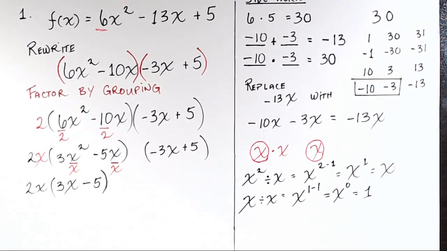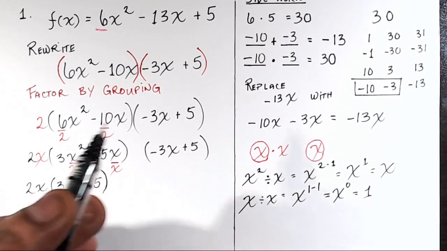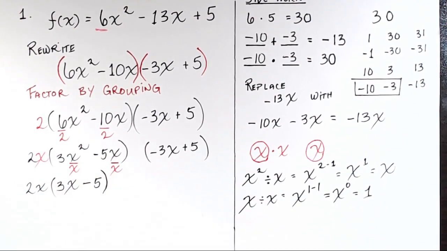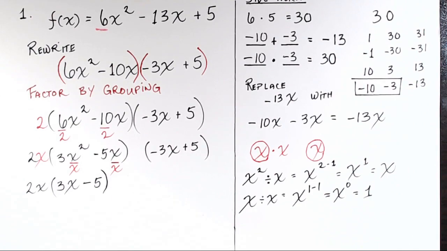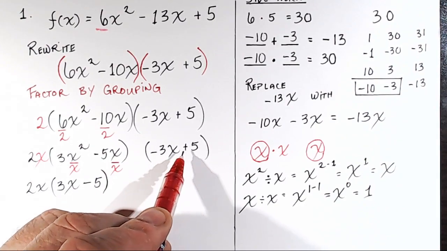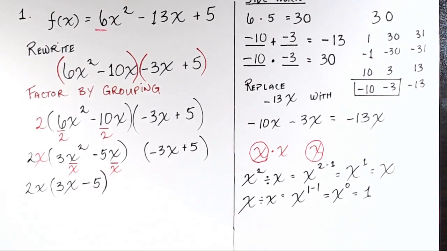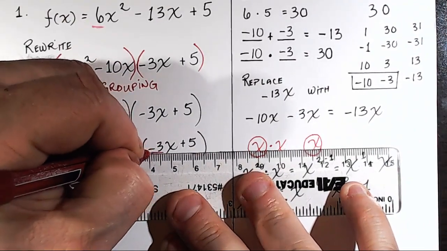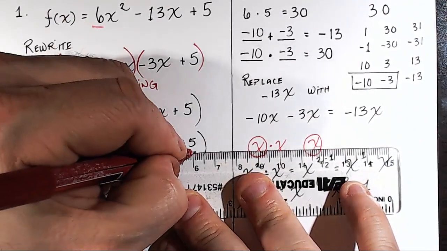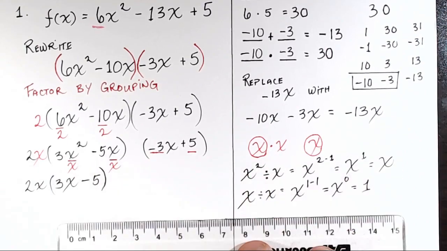Well, what I do is I will factor out a negative 1. That will get rid of the negative in front of the 3, and it will change the plus 5 to a minus 5. So let's do that. Okay, you're going to draw your division line under the number, all right?